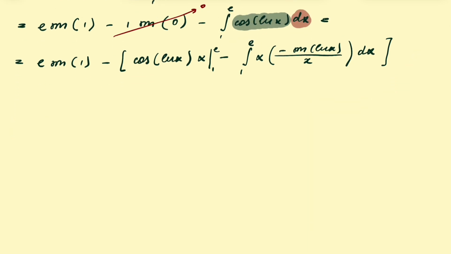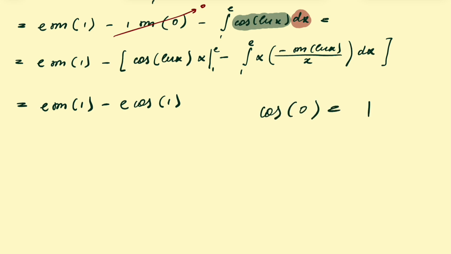So let's clear it up a little. We have e times sine of 1. Then we have minus, again ln of e is 1, so minus e times cosine of 1. Then, ln of 1 is 0 and cosine of 0 is 1.